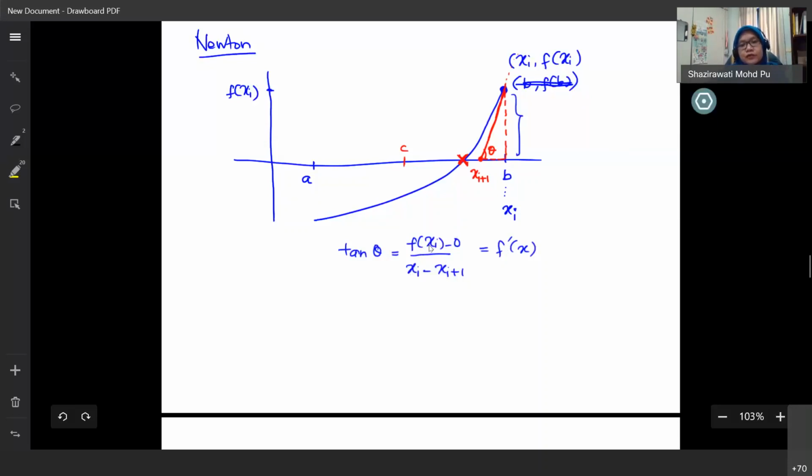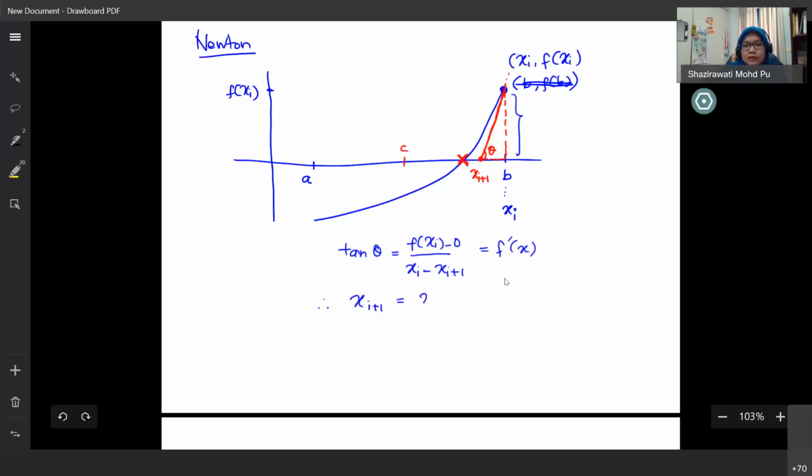You are supposed to know your f(x), otherwise you don't know what you want to solve. So for any value xi, you can obtain f. The only term you don't know is xi plus 1. If we isolate xi plus 1, then we have the Newton-Raphson formula.